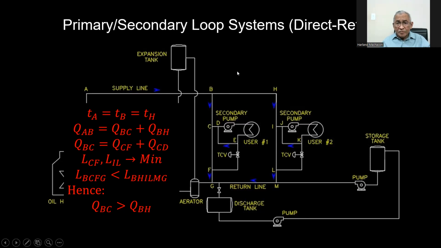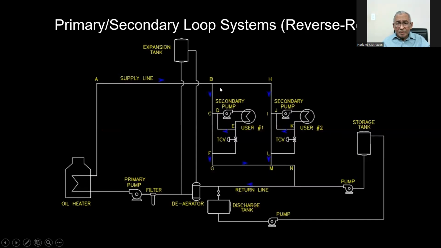Let us compare it with the second setup. The second setup is the reverse return setup, wherein the supply line from A to B, so A here, the oil flows first into B, and then going to point G here also. So for the second user, it flows towards H rather.